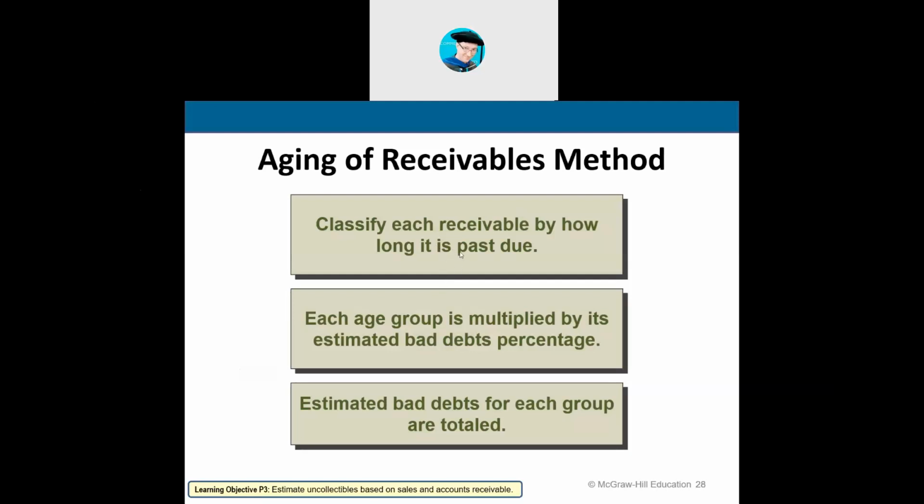Okay, aging. The idea of aging is it tells us how long something is past due. Aging. It's aging. It's getting older, right? The longer it's past due, the older it is. So let's talk about this real quick. We classify receivables by how long it's been past due.